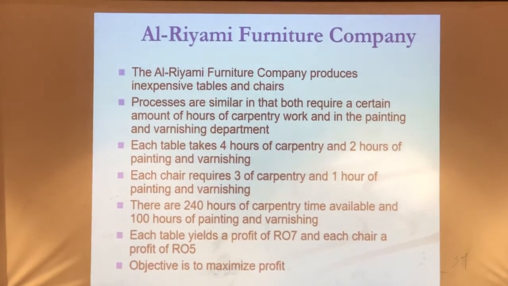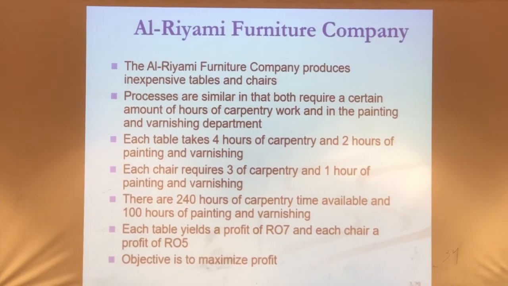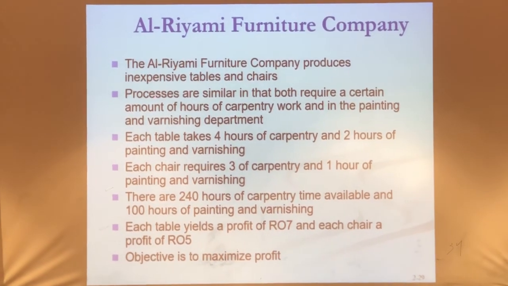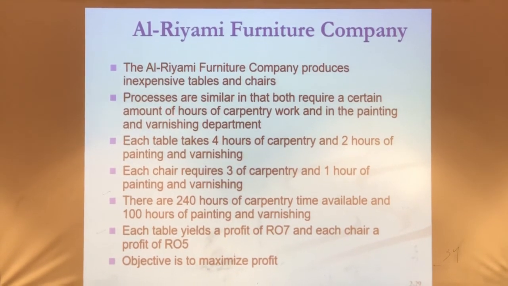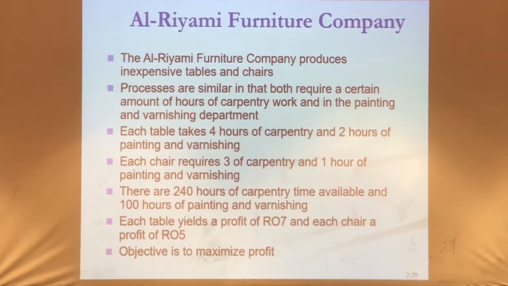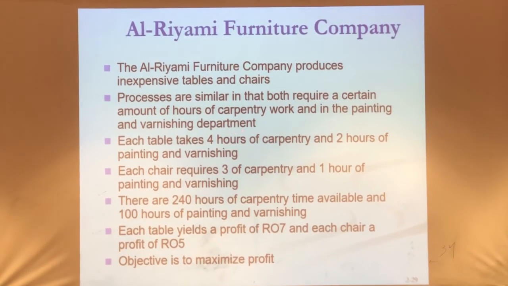Now this is your chance to formulate. Okay, Al-Riyami Furniture Company produces inexpensive tables and chairs. The processes are similar in that both require a certain amount of hours of carpentry work and work in the painting and varnishing department.